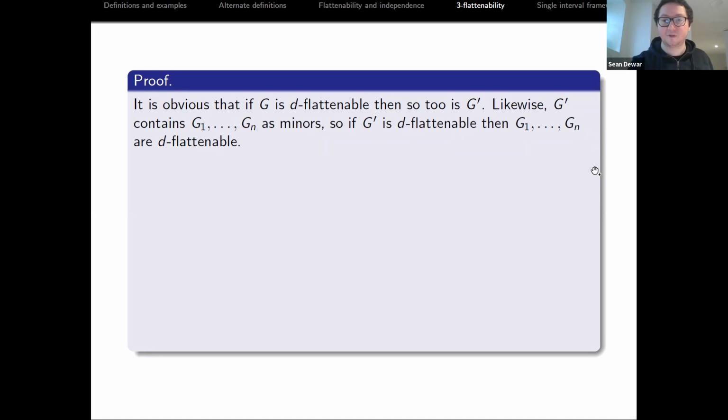Okay? So the only direction that we have left to prove is that if we have a load of graphs that are deflattenable, so these G1 to whatever, and we glue them all together at an edge, the graph G from this gluing is going to be deflattenable.